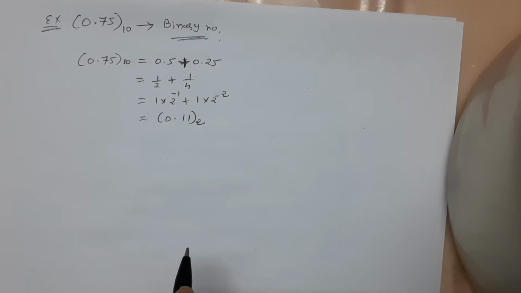So in this way, we convert the fractional number 0.75 decimal into the form of binary 0.11.